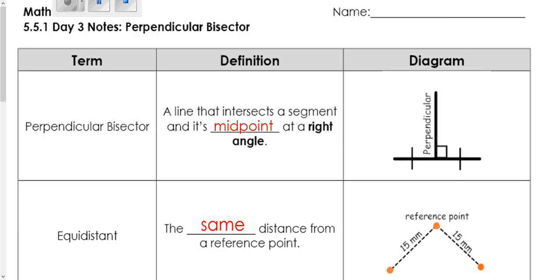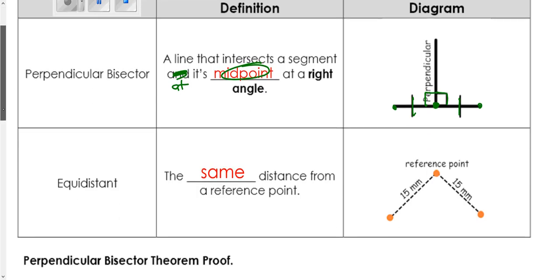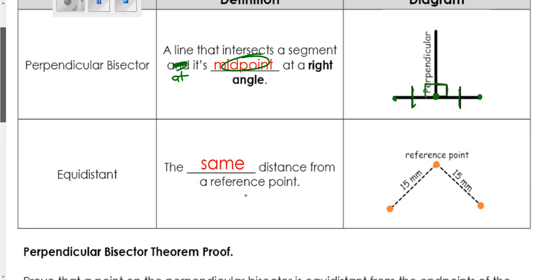So the perpendicular bisector, again, is a line that intersects a segment at its midpoint at a right angle. So that means right when it intersects here, not only is that creating this 90-degree angle on both sides, but it also makes this segment congruent to that segment. Okay? Equidistant is the same distance from a reference point.